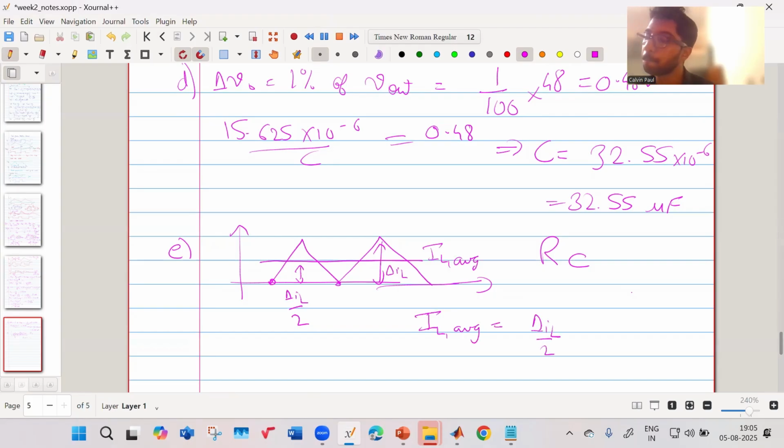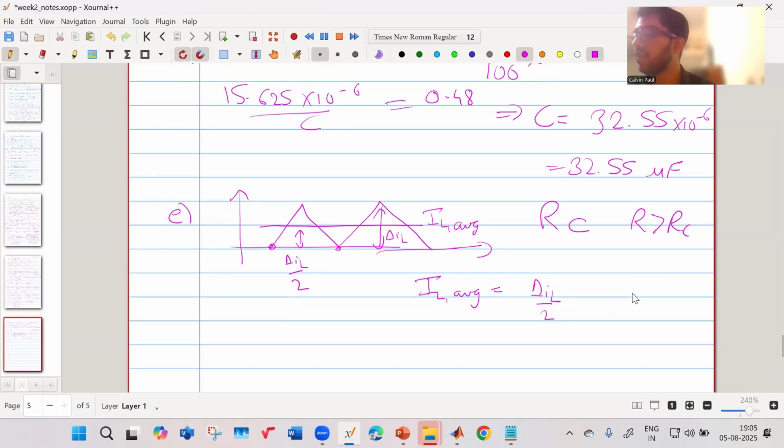Suppose your R becomes greater than RC. Then your IL average will be less than delta IL by 2. That means the current will become like this. This is how the current will be. We will draw straight.